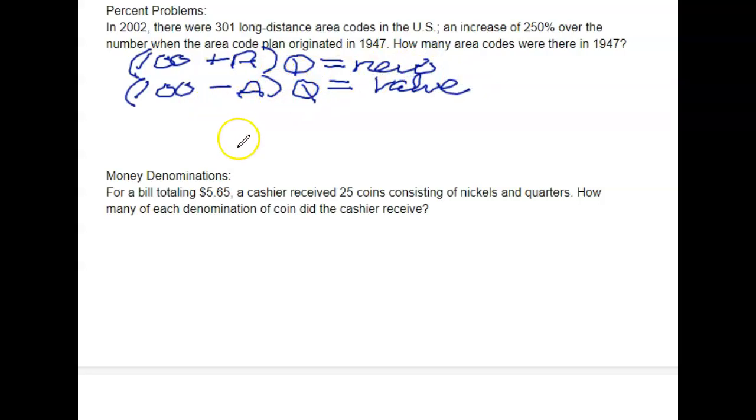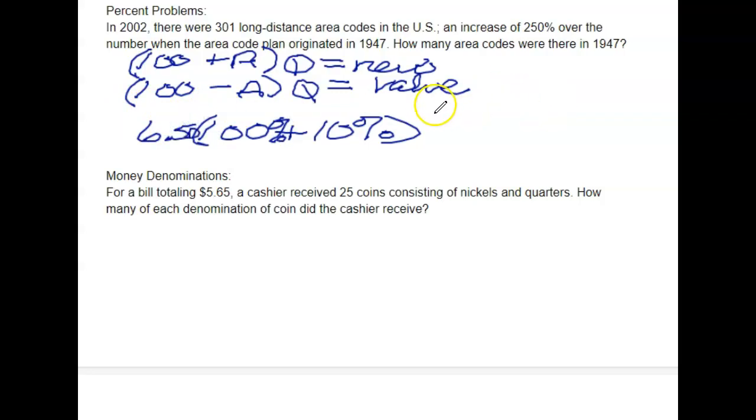And you can think about this as like getting a raise. So 100% of my pay plus a 10% raise, I multiply it by my pay, let's just say $650. That would give me my new pay.